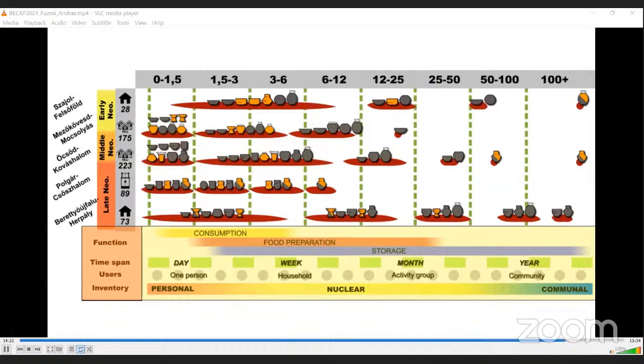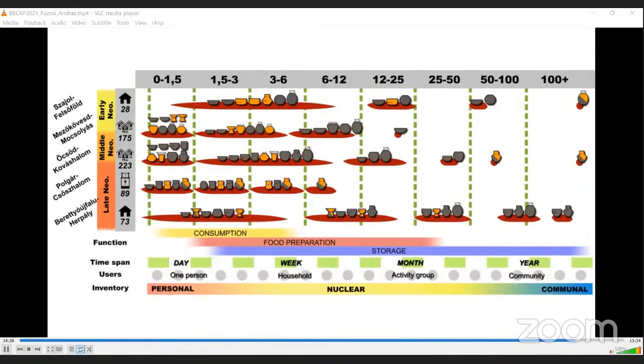The composition of personal, nuclear, and communal inventories shows not only an increase in volume, but also a change in the function and use of the vessels. The culture-specific vessel types highlighted in the slide appear as part of personal and nuclear inventories, with a few well-defined exceptions. The personal group can only be deduced from the analyzed assemblages, especially from Mezőkövesd and Öcsöd.